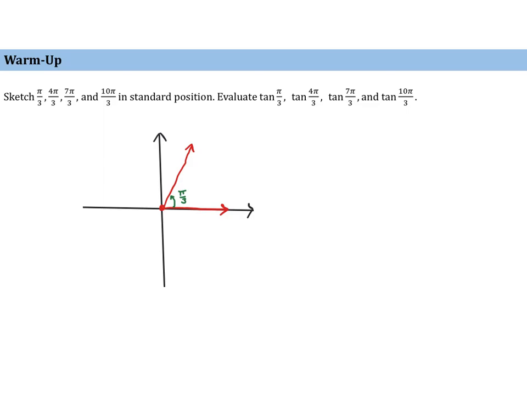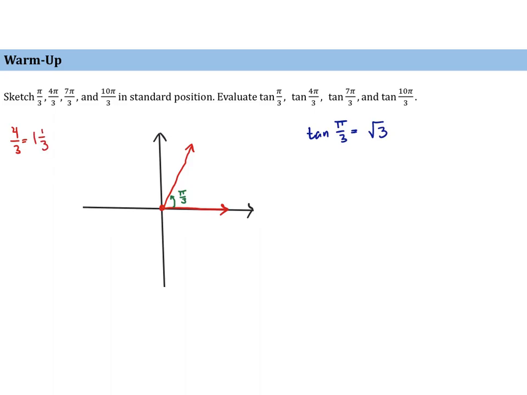So we know that tangent of pi over 3 equals the square root of 3. Now if we're going to look at 4 pi over 3, we might want to look at 4/3 as 1 and 1/3.